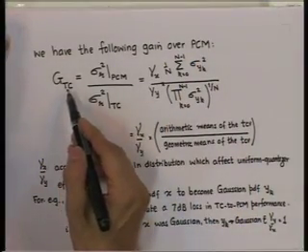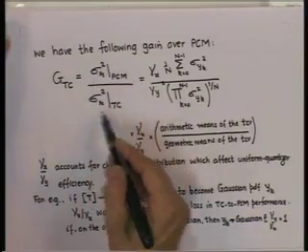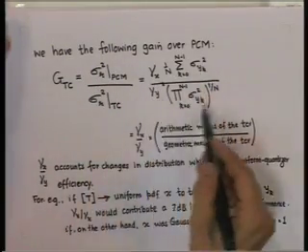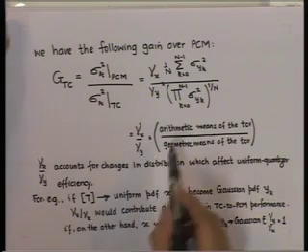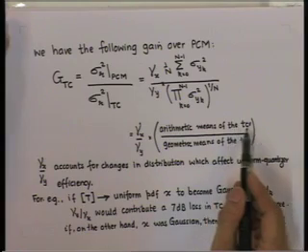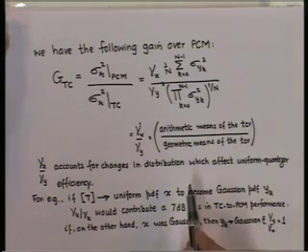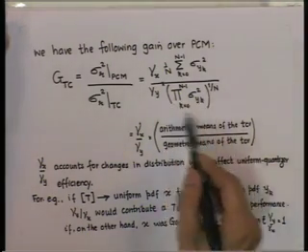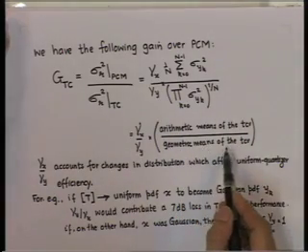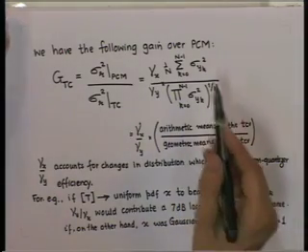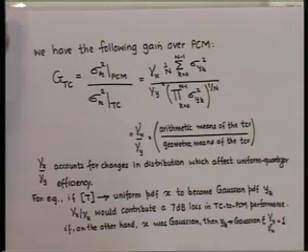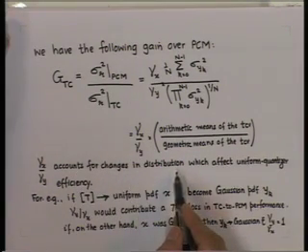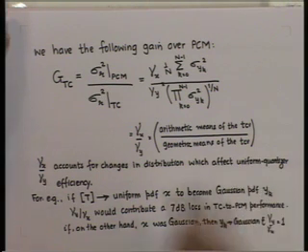So, gain of transform coding over PCM is given by this expression, and this can be rewritten as gamma x by gamma y times the arithmetic mean of the variances of the transformed coefficients over the geometric mean of the variances of the transformed coefficients. Gamma x by gamma y accounts for changes in distribution which affect uniform quantizer efficiency.